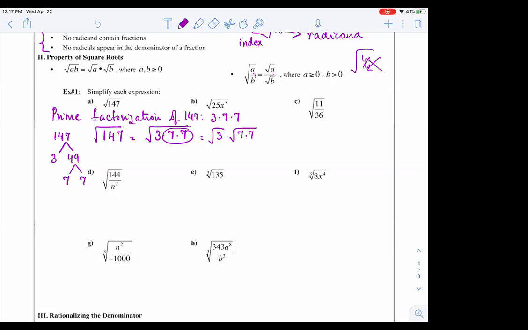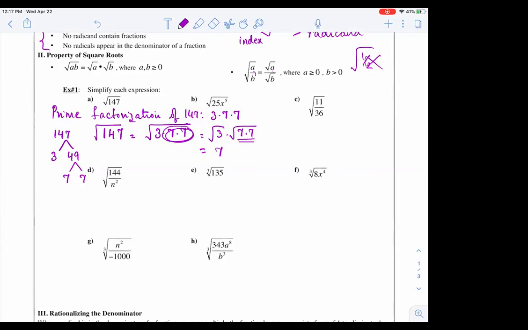You don't have to do this step that I wrote now. But I'm just telling you, every time you have a factor pair, one of them goes out of the square root, because that is always going to be a perfect square. So this is going to be square root of 7 times 7. Every time you have a pair, just one of them goes out of the radical and everything else remains inside.